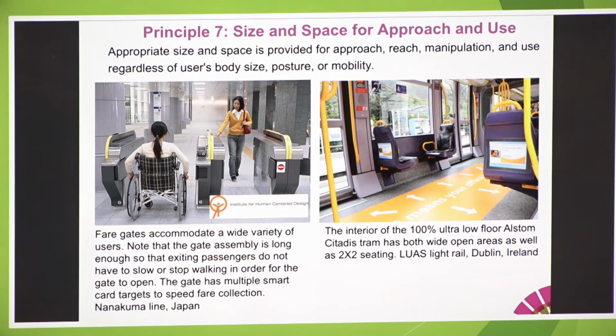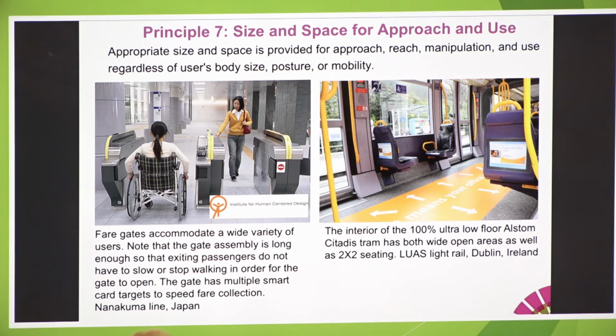And then universal design principle 7 is size and space of approach and use. So this is basically talking about accessibility to, say, seating or a reach, like within reach, regardless of your user's body size, posture, and mobility.